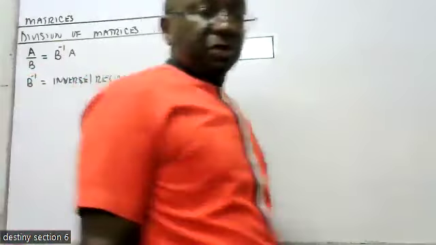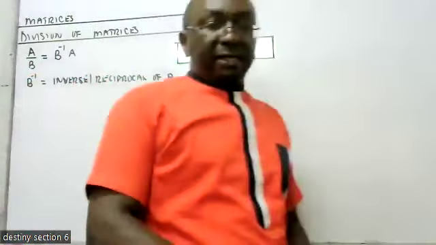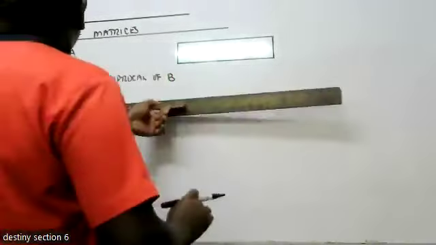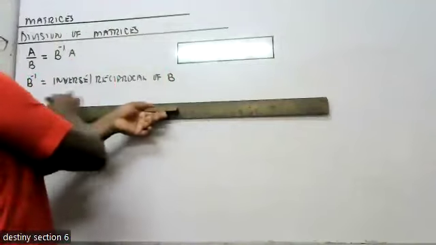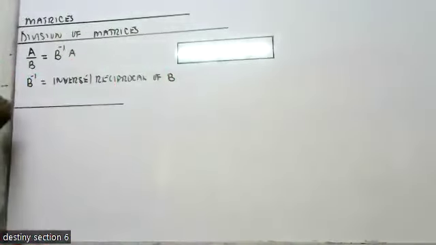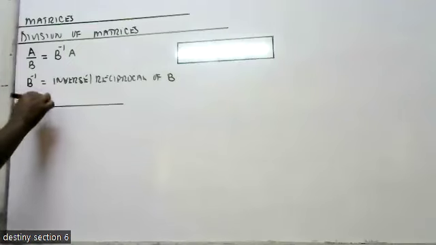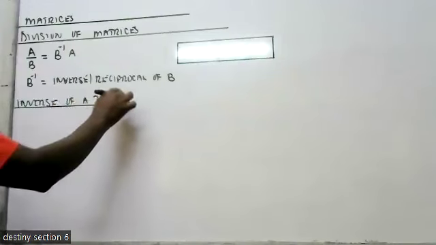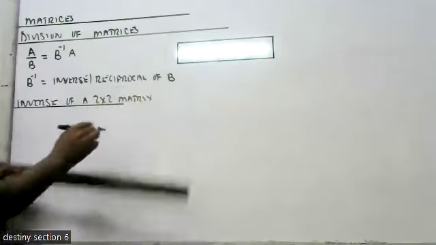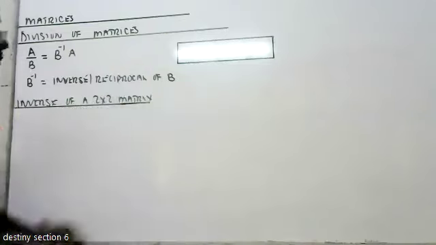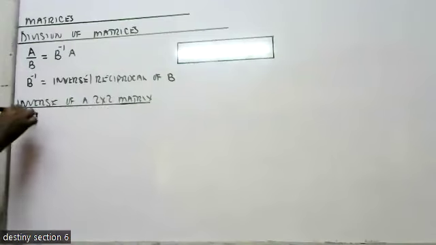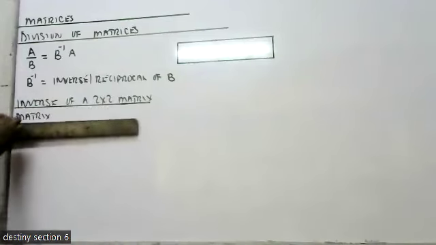Now, the inversion procedure depends on the order of the matrix. So if you have a 2 by 2 matrix, and we are told to get the inverse of a 2 by 2 matrix, the first thing is to have the matrix here.